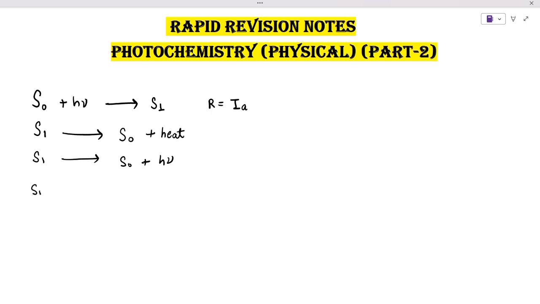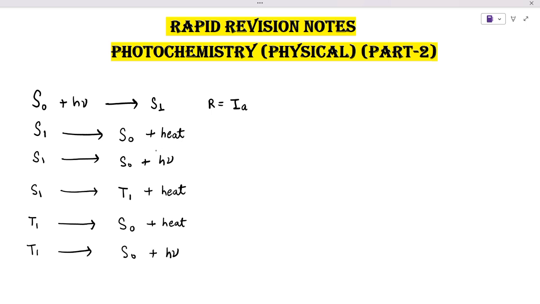The next possibility is that it can transfer from S1 to T1 and release heat. After going to T1, the electron can come back to the singlet ground state producing heat, or similarly it can produce light also. So these are the possibilities.